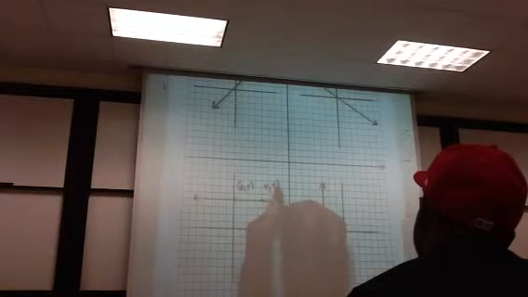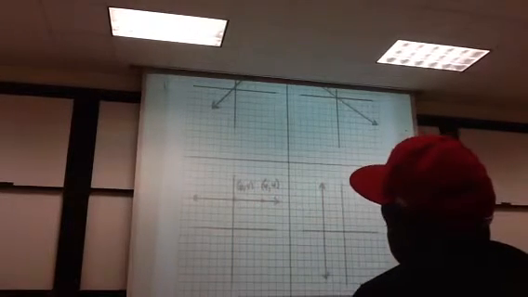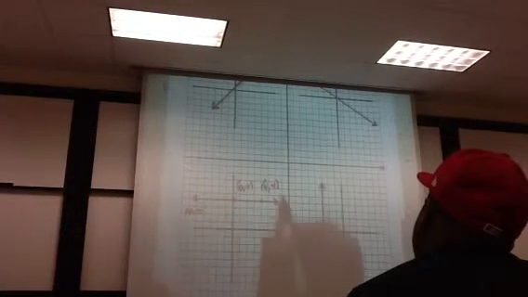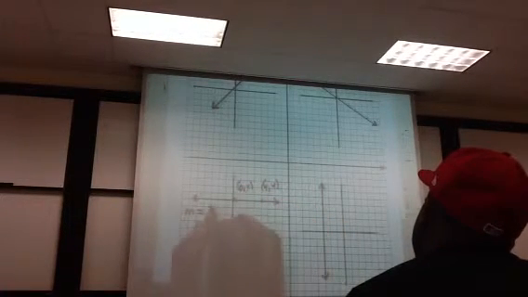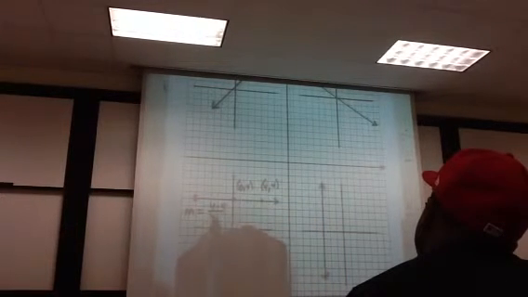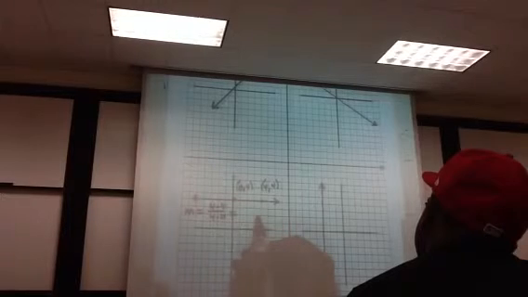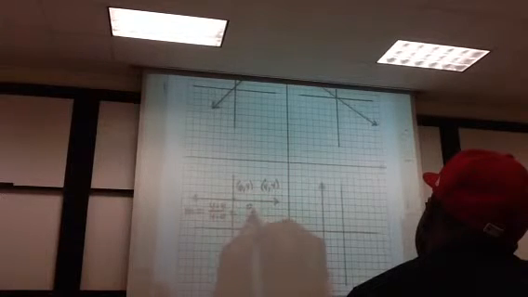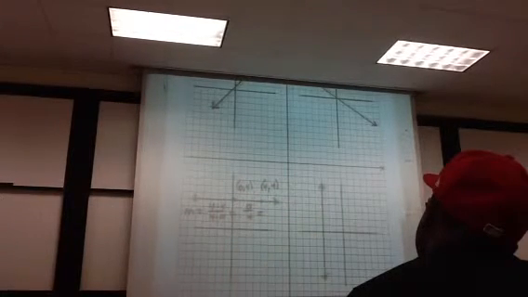Any 2 points would do, right? So let's find the slope. It's y minus y over x minus x. It's 0 over 4, which happens to be 0.